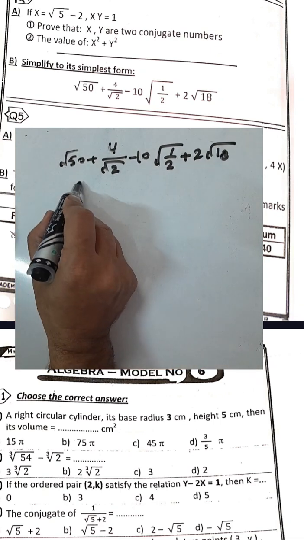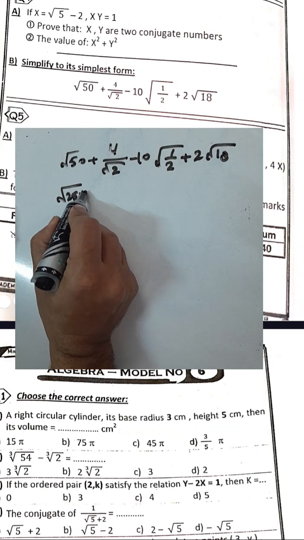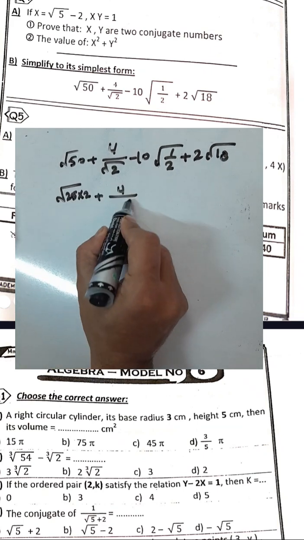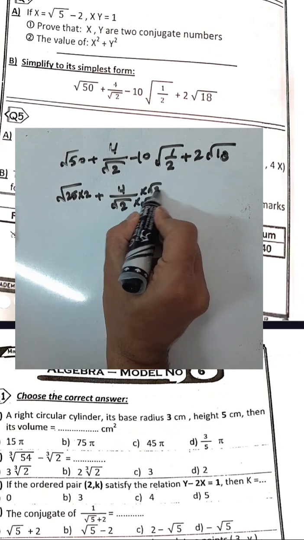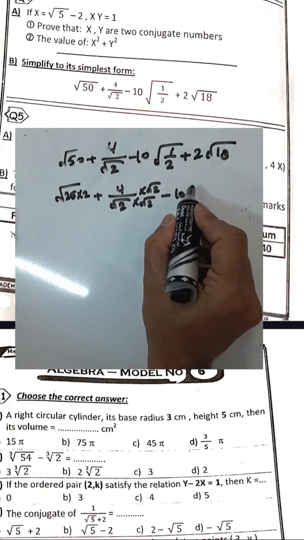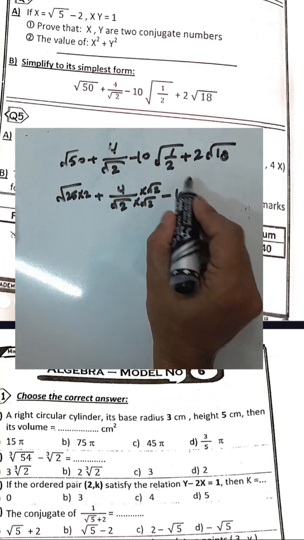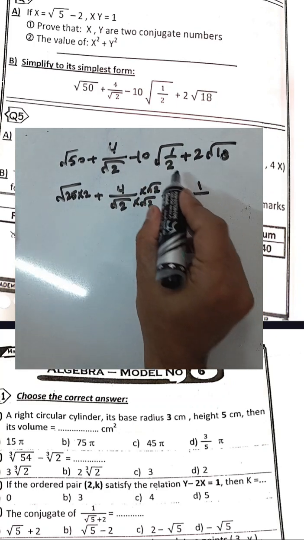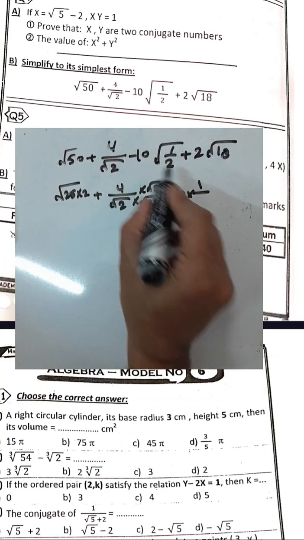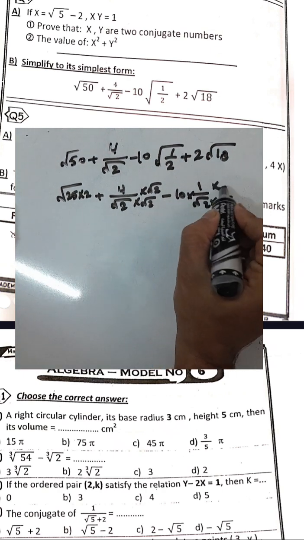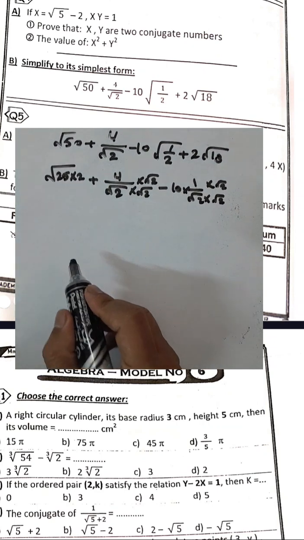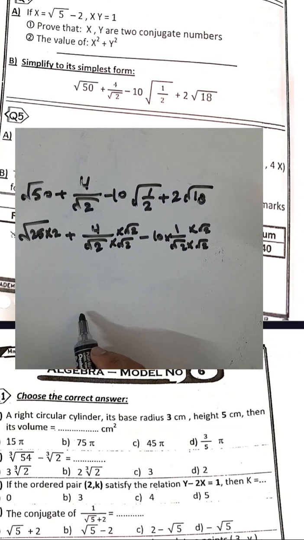Root 50, right? 25 times 2. And here 4 over root 2, product by root 2 numerator and denominator. And here root 1 over root 2, you can multiply by root 2 numerator and denominator.